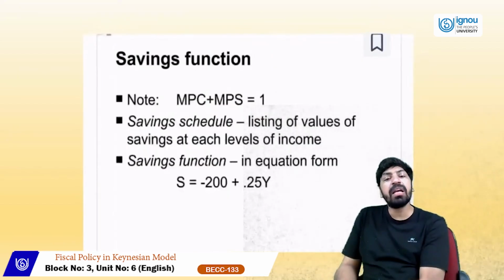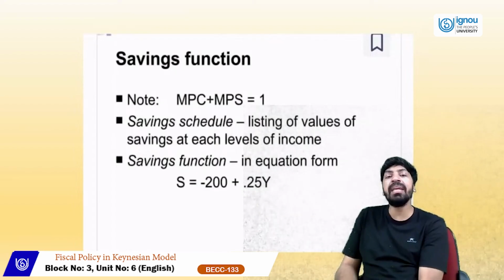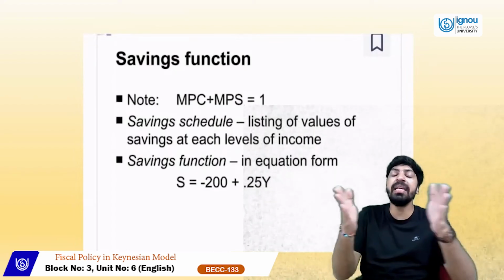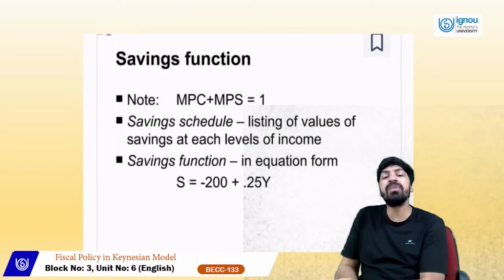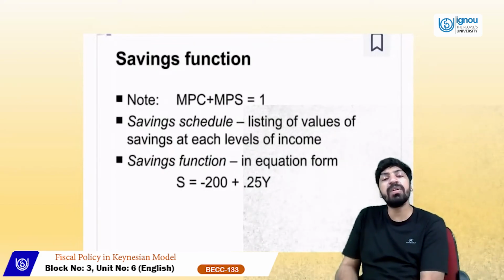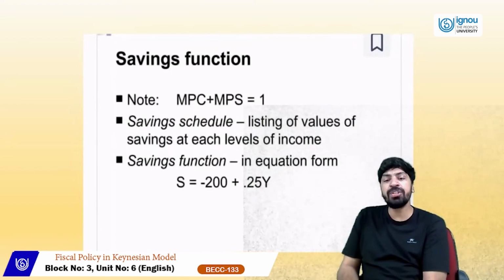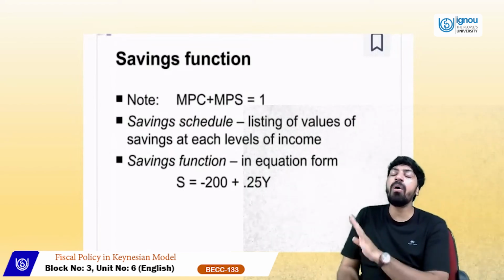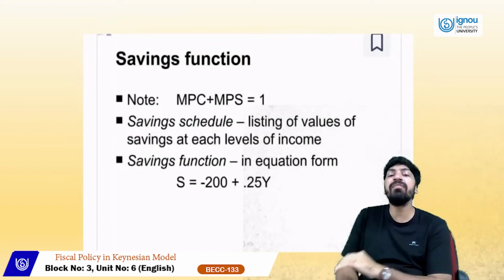So MPC plus MPS is always equal to 1. This is the equation where the marginal propensity to consume and to save will always add up to one. When we talk about the saving schedule, it shows all the values of savings at each level of income.